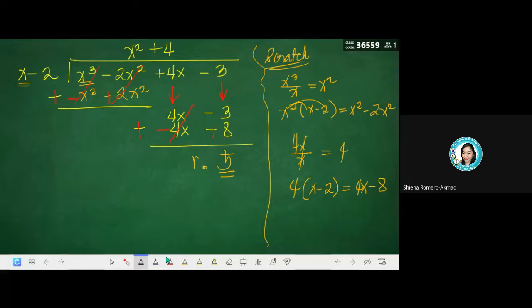The quotient now is written like this. Quotient muna. Okay. Then, i-add natin si remainder divided by the divisor.